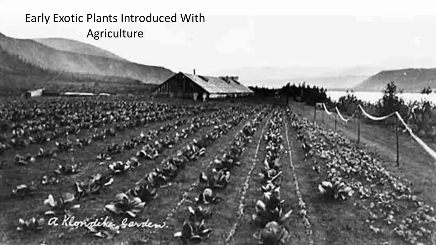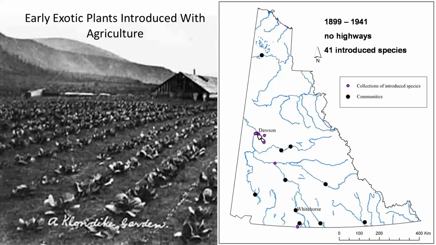Let's see. It's not advancing. There we go. And so you can see that before the highways were in Yukon, all the exotic plants, and these weren't invasive at the time, they were just introduced European plants, were associated with the farms, mainly around Dawson, but you can see that there's a dot in central Yukon.